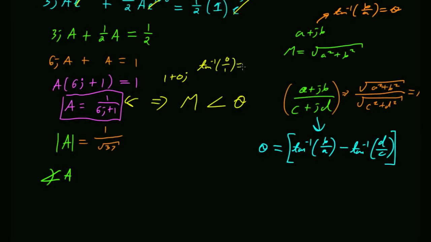Another way to think about it: if this is your complex plane with reals and imaginaries, where is the number 1? The real value is 1, the imaginary part is 0. What angle does that have? 0.